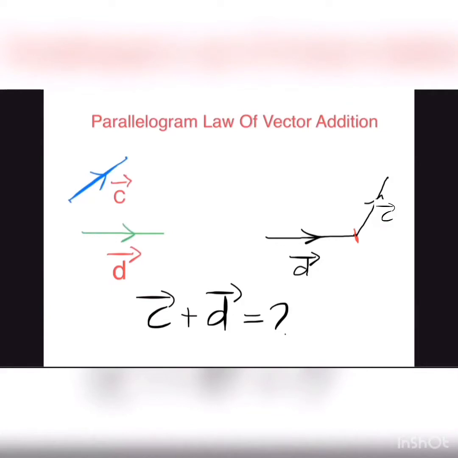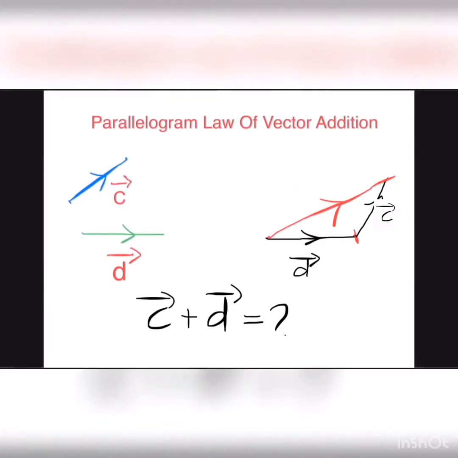Now the opposite side to both these vectors will be the vector sum. If we take this as point A, point B and point C, then vector AC will be the required vector sum, that is, this will be vector C plus vector D.